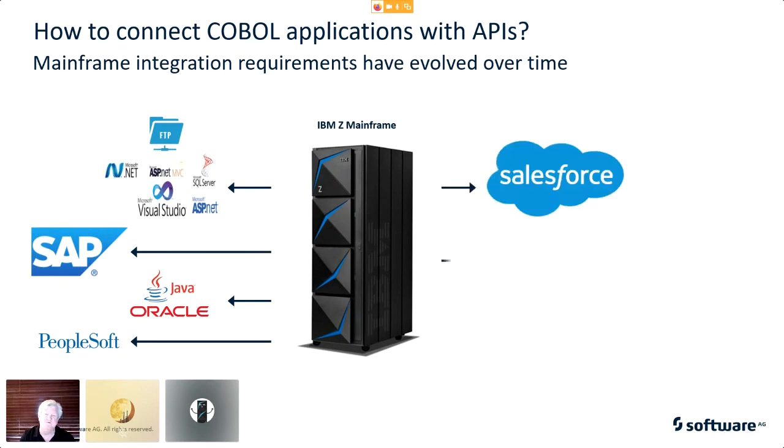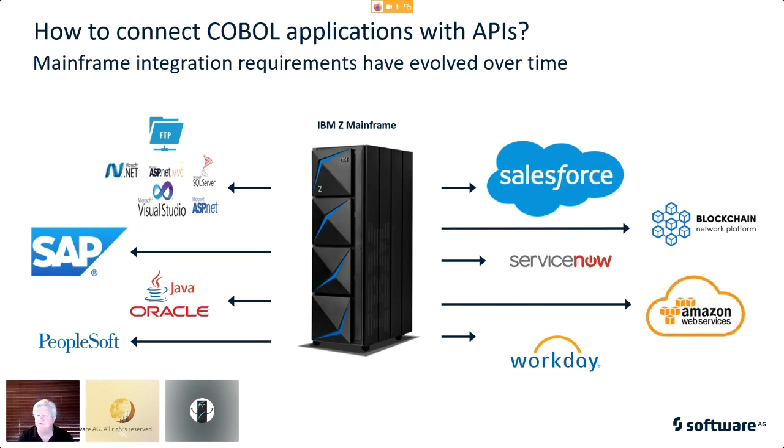Now you see the emergence of cloud-based technologies, the CRMs, the case management systems of the world, and there's a need to integrate those with the mainframe. And now the emerging technology is not only cloud-based applications, but cloud-based capabilities, whether it be something like Amazon Web Services, blockchain, Google services.